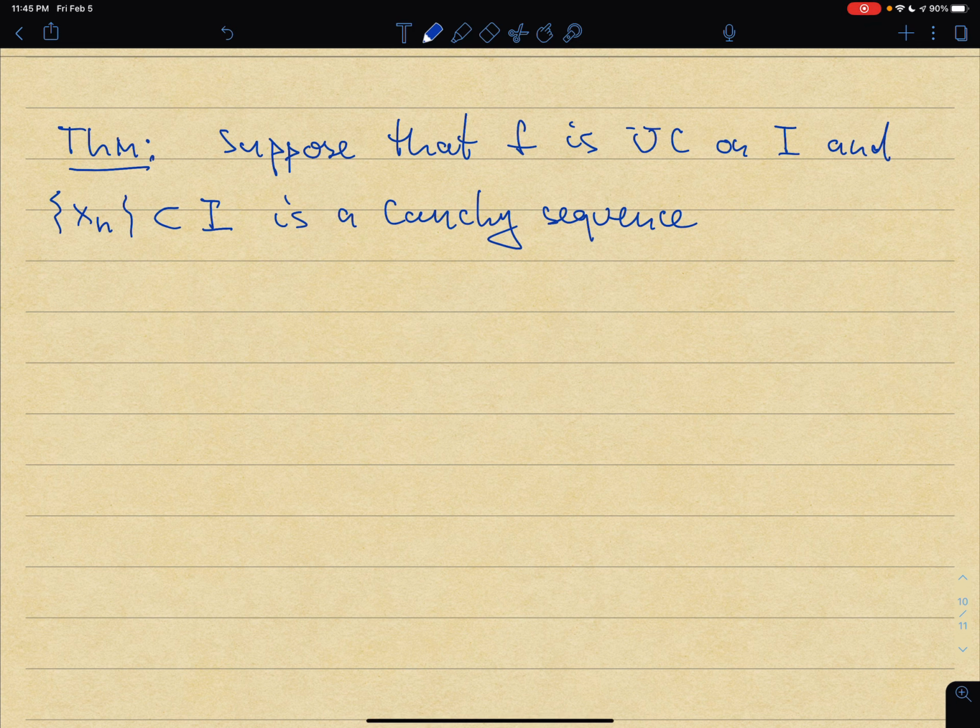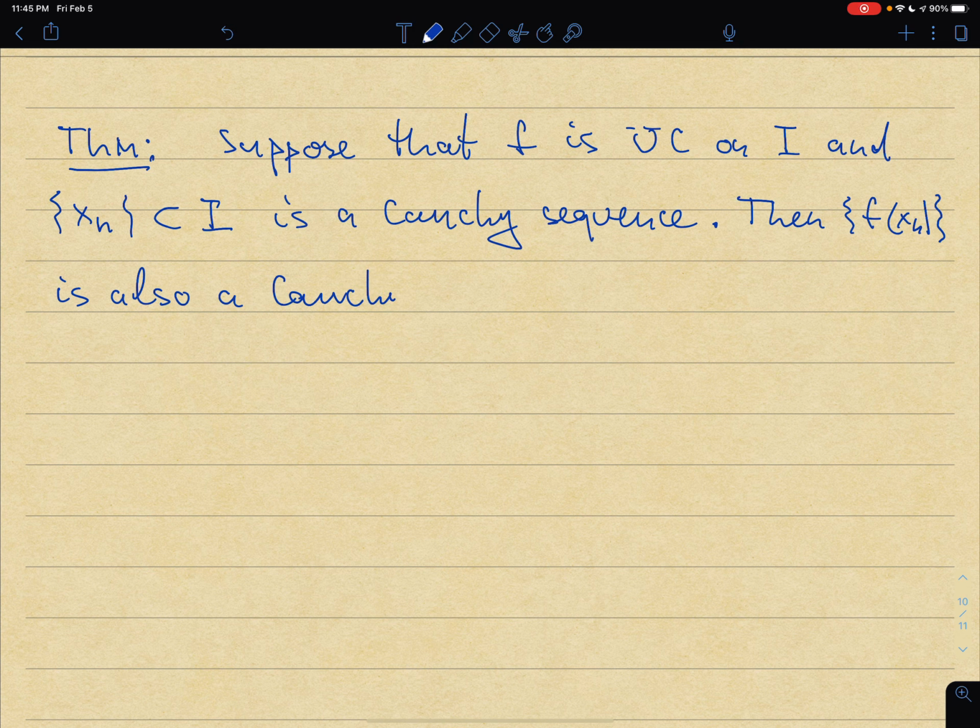Which means that the sequence converges, but its limit does not really need to lie in I. Then f of xn is also a Cauchy sequence. Let's see what the proof of this fact is.